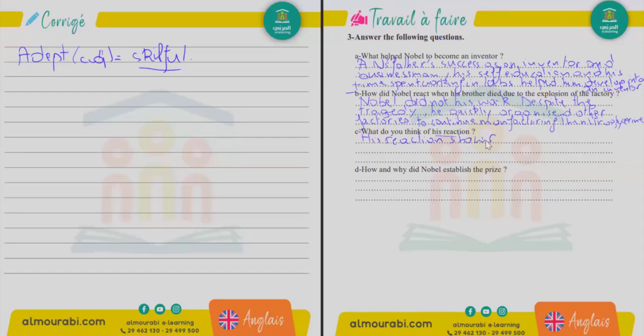I would say here his determination and perseverance. That reaction shows his determination. He's determined, and resilient also. His resilience, his determination.